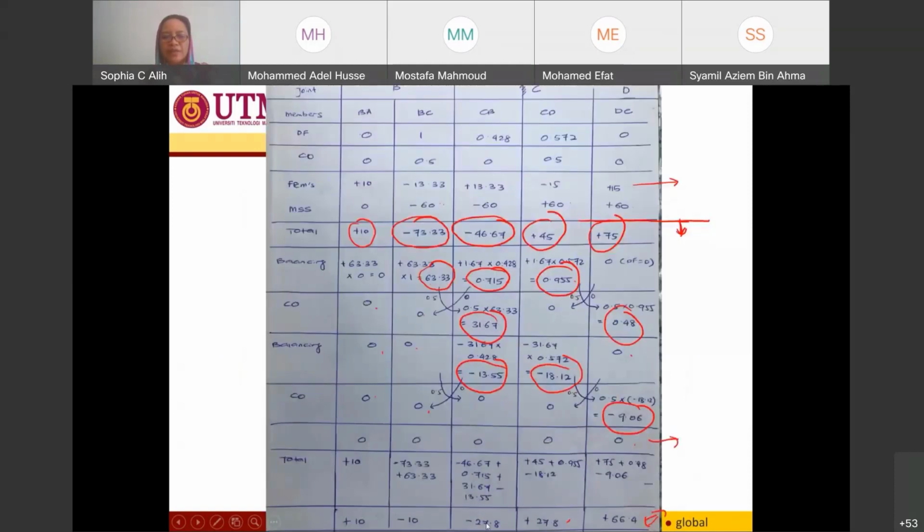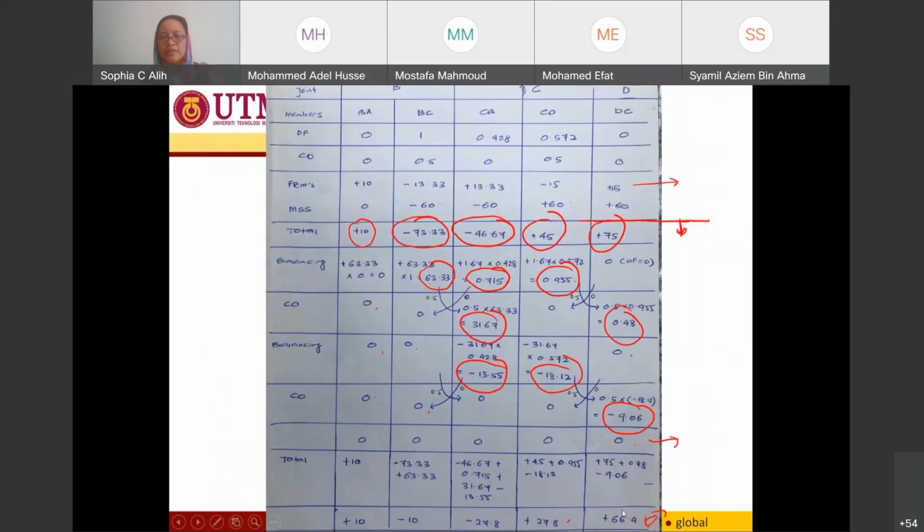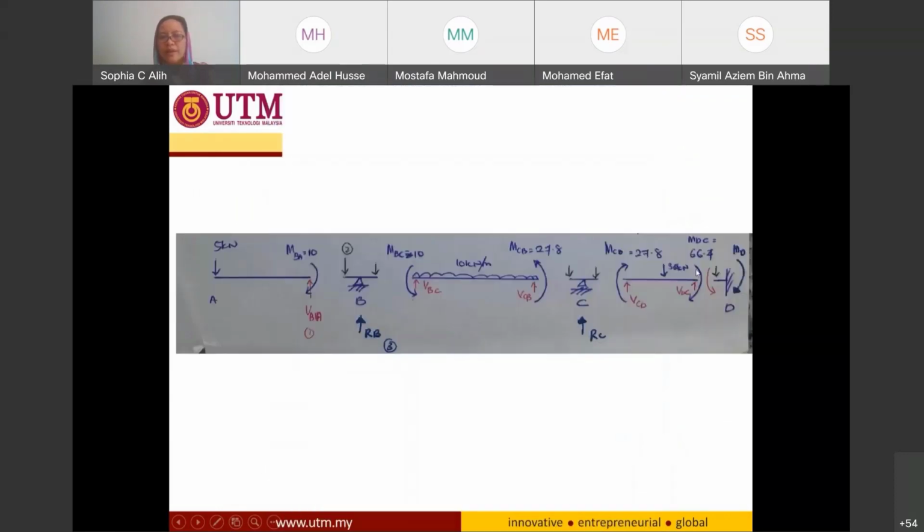And after that, I have negative 27.8 for CB and positive 27.8 for moment CD. And for moment DC, I have 66.4 positive, so it's going to be clockwise direction.